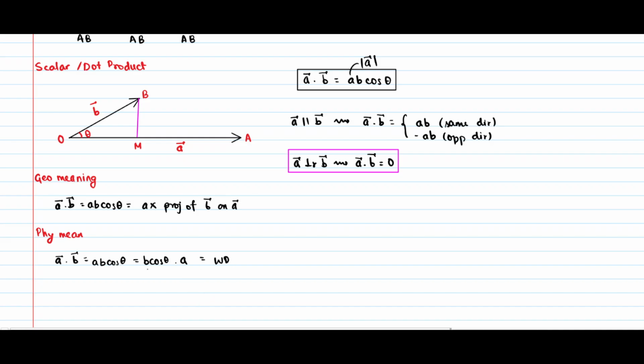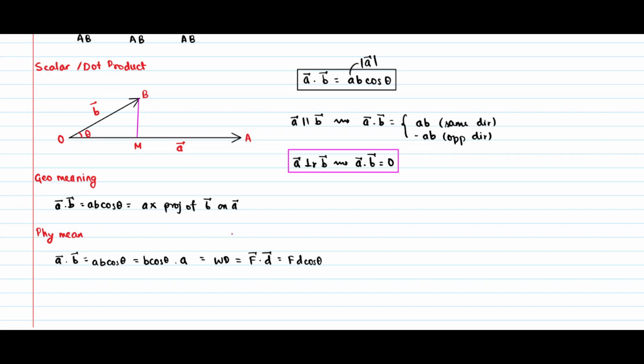This B cos theta is the scalar component of force B in the direction of A, where B and A are vectors, and A would be the displacement through the distance A. I think it is much easier to understand if we write it like this: it's going to be force times displacement, or FD cos theta. So basically this portion is equivalent to that portion. This is the physical meaning of scalar product.